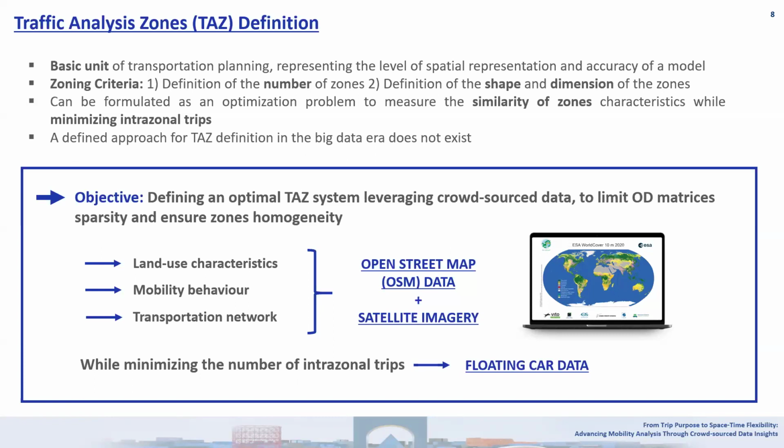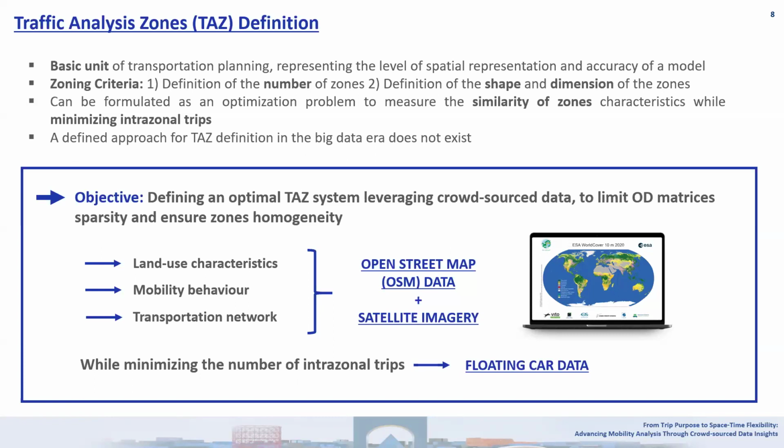Moreover, usually in specific applications, we just apply general guidelines, and the decision on the zoning system is left to the knowledge of the transportation planner of the area. There's no strict, automated procedure to follow. It is left to the knowledge of the experts.